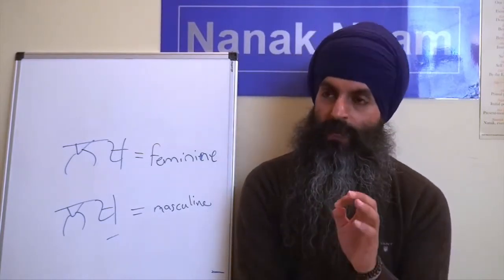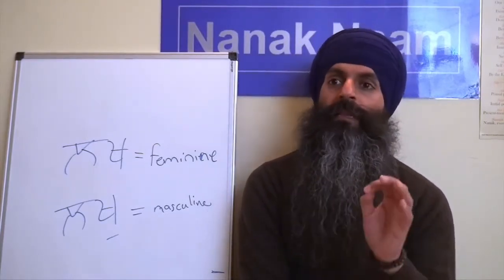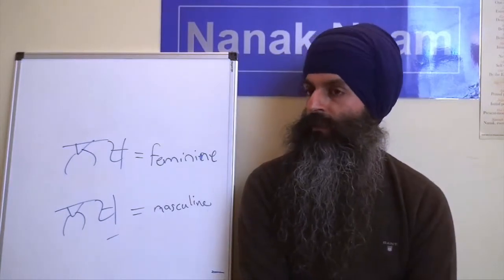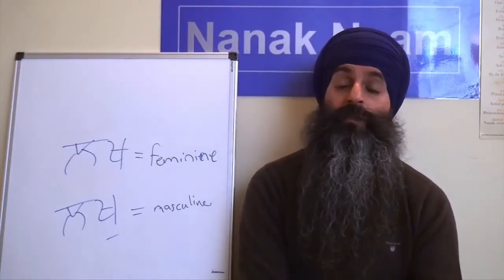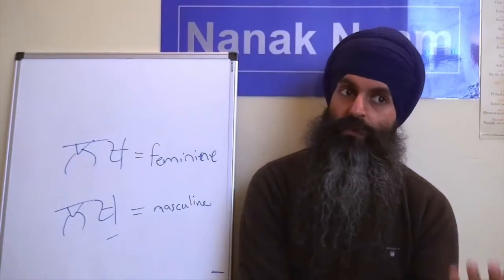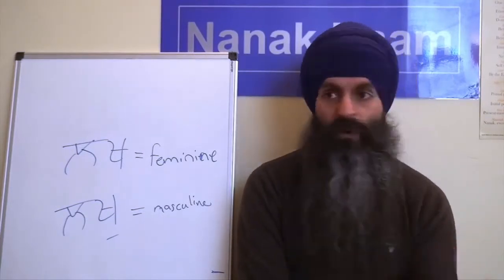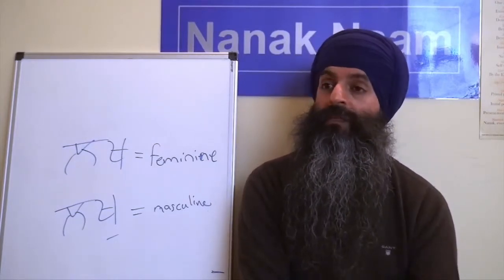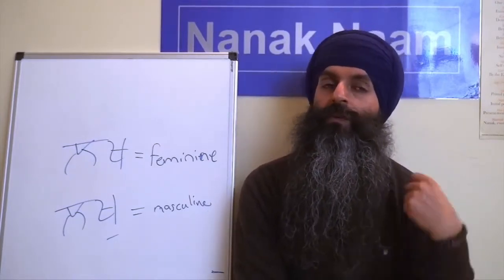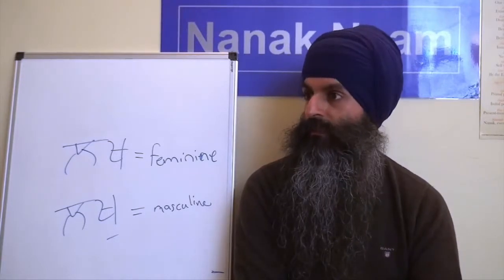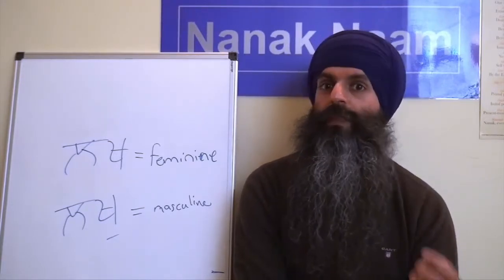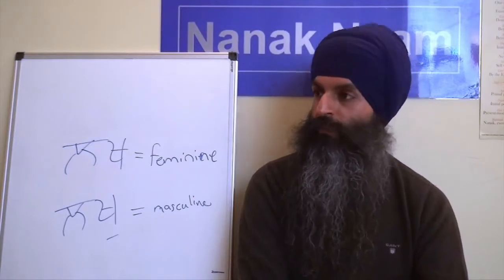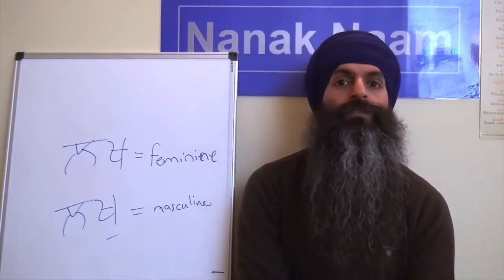So Guru Nanak Dev Ji has used for the first time in Gurbani this analogy of the husband, and the wife has to go along this path. The husband is already there. It is the wife that has to make the journey. We have to prepare ourselves. We have to make sure that we are ready for that husband that is waiting for us, to enjoy us, to ravish us.